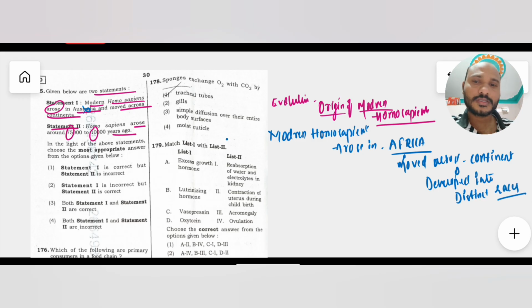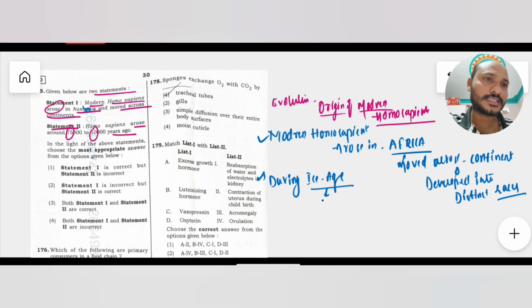Okay, right. So this modern Homo sapiens arose during the Ice Age only. Ice Age means here 75,000 to 10,000 years ago.